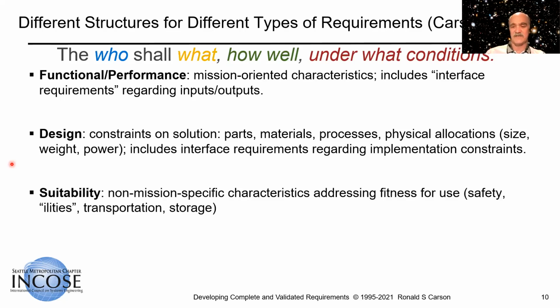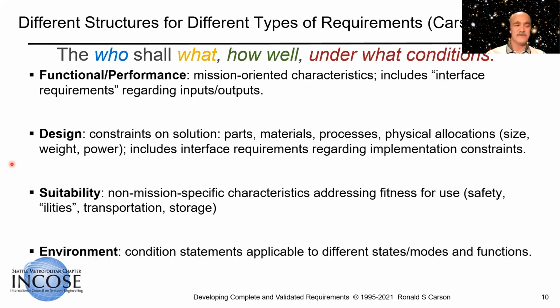Suitability types are really non-mission specific characteristics that address fitness for use, like safety, many ilities, different life cycle phases, transportation and storage, for example. And then I stewed about the last one here, the environment.